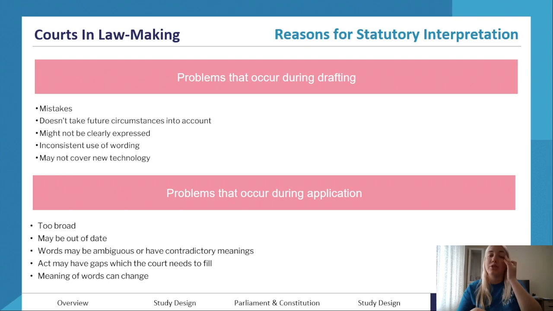As language progresses, if an act has been around for a long time, that same word may mean something else or something slightly different.